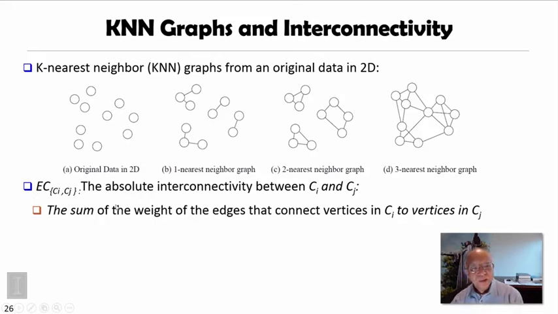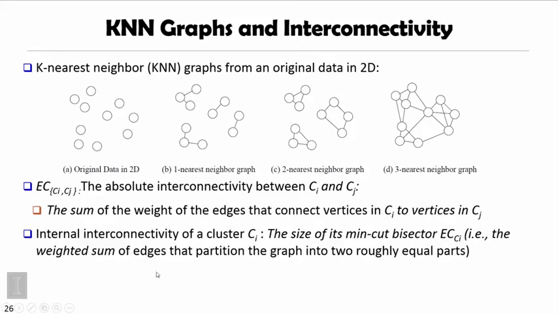Then we look at the absolute interconnectivity between C sub i and C sub j. This absolute interconnectivity is essentially the sum of the weights of the edges that connect vertices in C sub i to vertices in C sub j. Essentially, you look at the weighted sum of these edges. Then the internal connectivity of a cluster C sub i is essentially the size of its min-cut bisector.